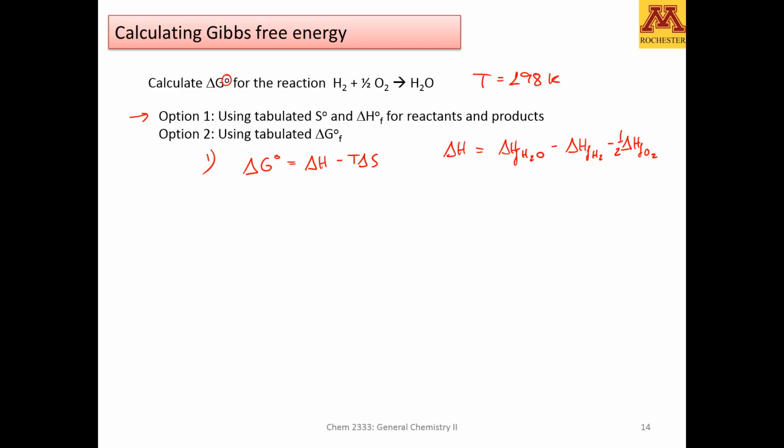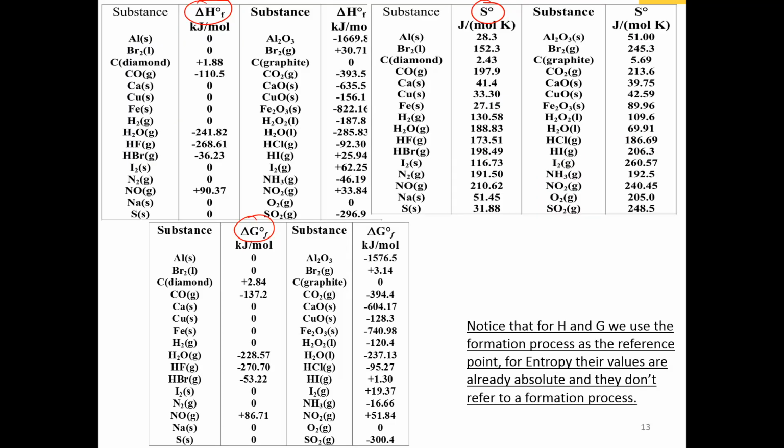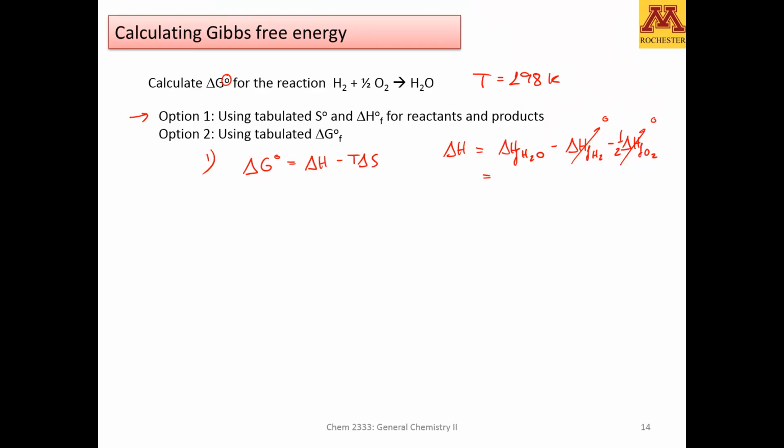Because hydrogen and oxygen are already in their standard state, both are 0, so the enthalpy for the reaction is equal to the enthalpy of formation of water, which if I go here for water, is negative 241.82 kilojoules, and careful here because entropy is going to be in joules, not in kilojoules.